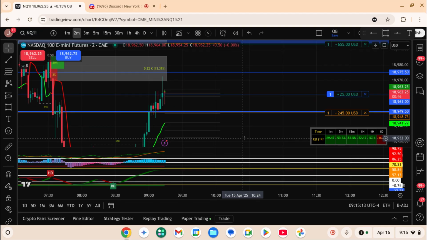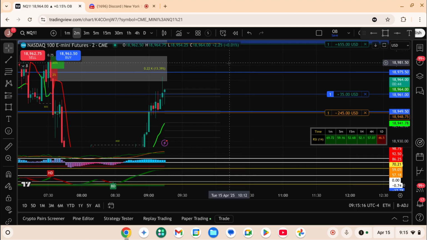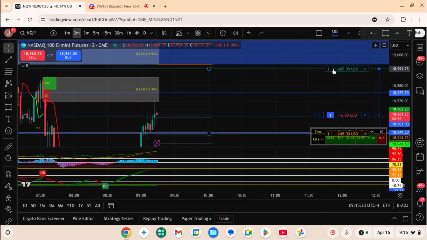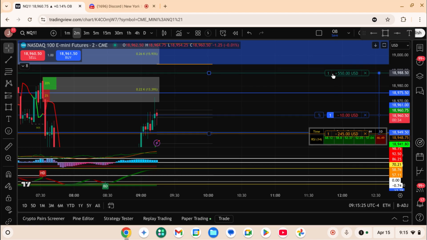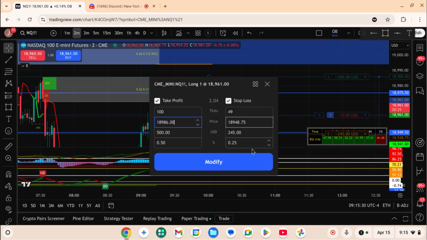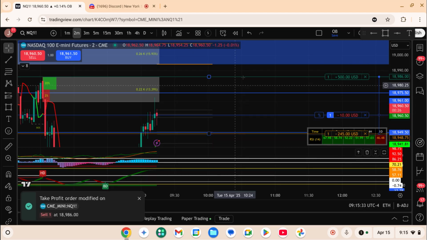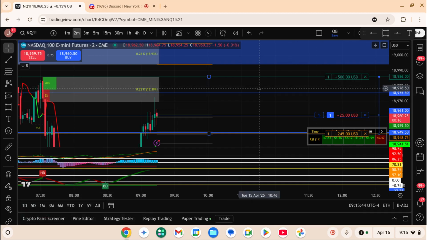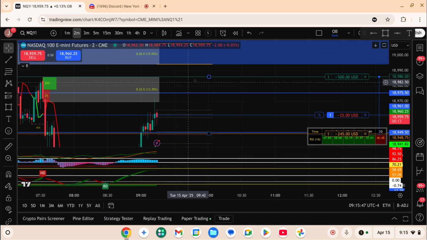We just let price do whatever it needs to do, either hit the stop loss or hit take profit. Your take profit doesn't have to be where mine is. Like I said, we're just going for 500, which would be the top of that order block. It's 18,986. That would be 500 for your take profit in this area.